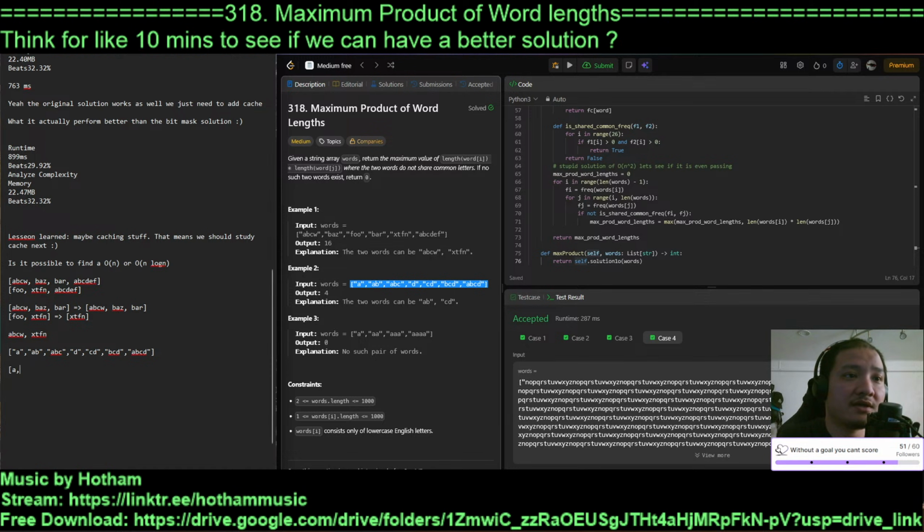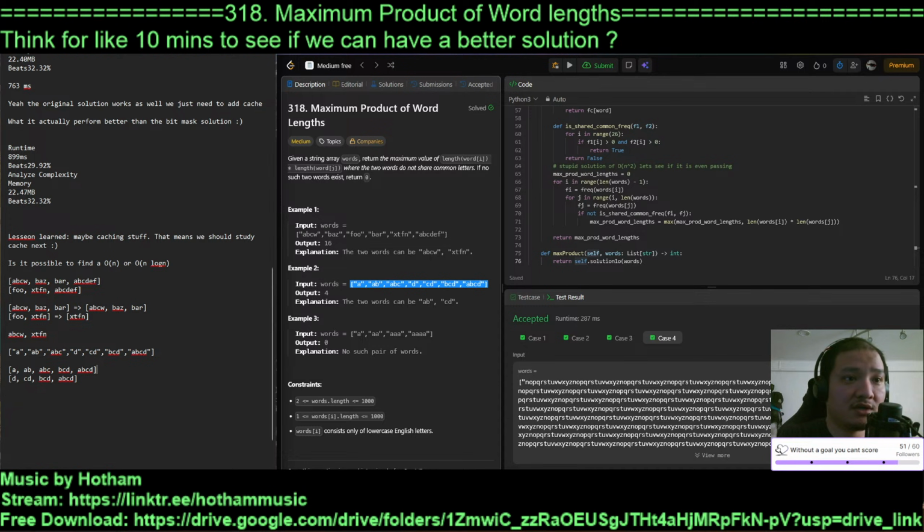So we have A, AB, ABC, D, CD, BCD, right? BCD exists in both. Right, ABCD, ABCD.